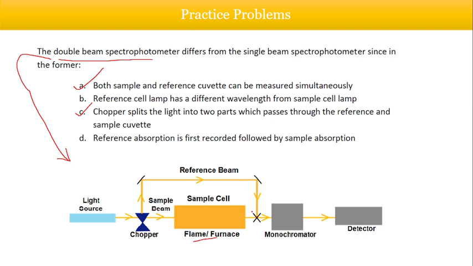The reference beam is reflected to the monochromator and then to the detector, whereas the sample beam moves to the sample cell where we have the flame and the furnace, after which we encounter the monochromator and then it is detected. So both the sample and the reference cuvettes can be measured simultaneously, and the chopper splits the light into two parts, which pass to the reference and the sample cuvette. Both are correct options.